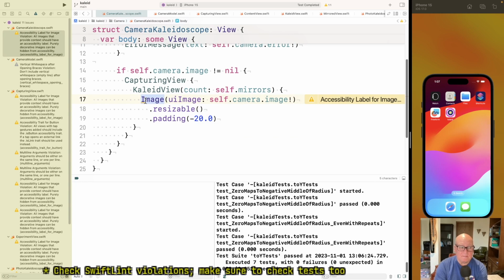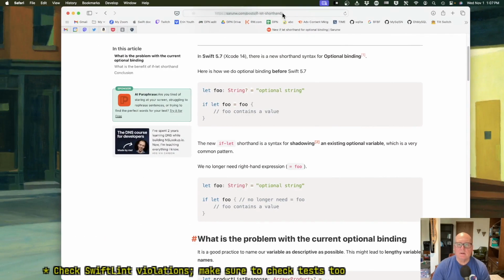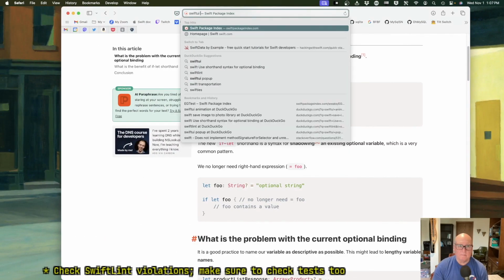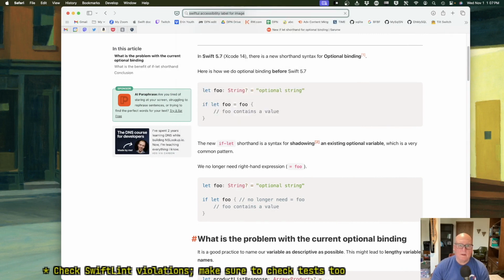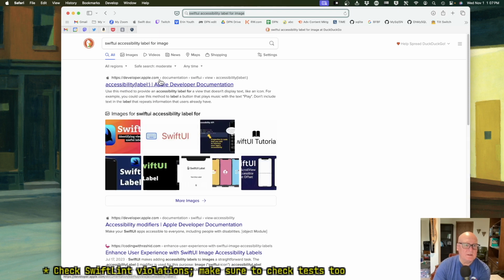It's like you can't say anything about it. All right. So accessibility label for image. And I know I need to up my game on accessibility. I'm not so good on it.